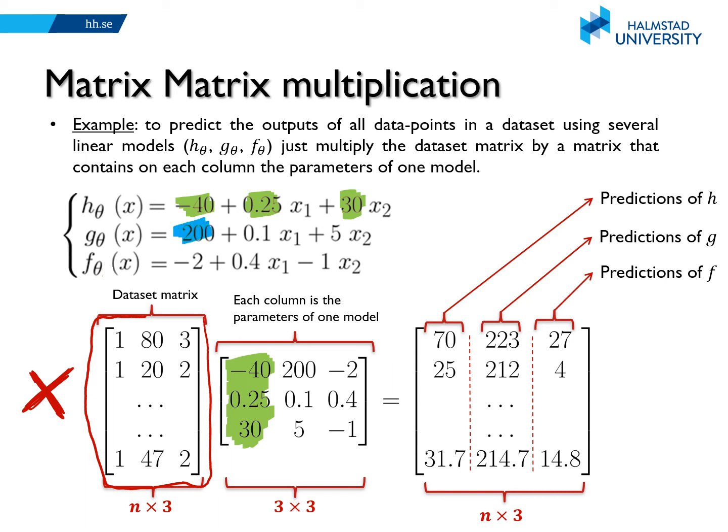The parameters of the second model are those. So this column here is the parameters vector of the second model. And the parameters of the third model are those. So we stack them as a column here. This column corresponds to the parameters vector of the third model.